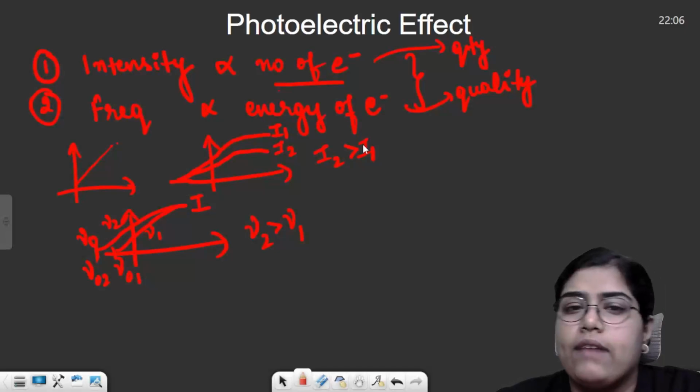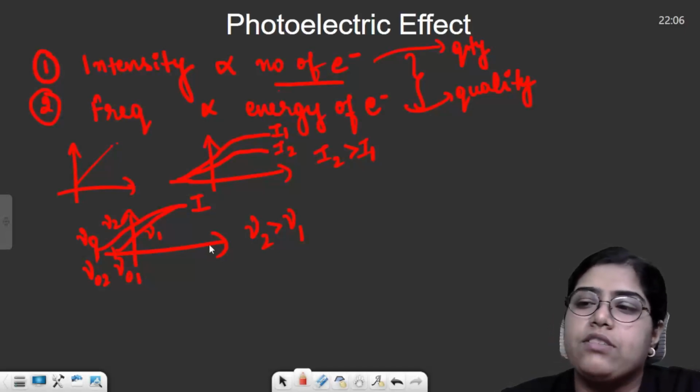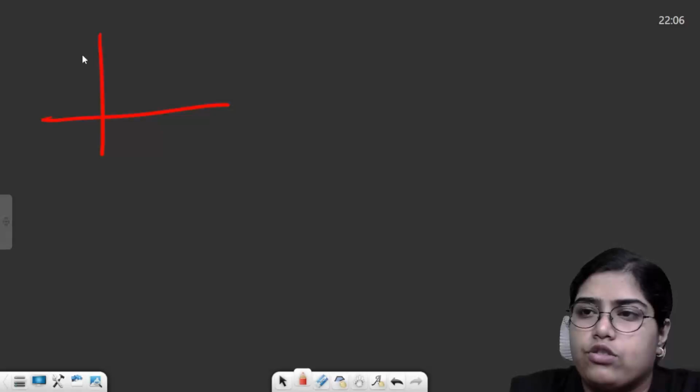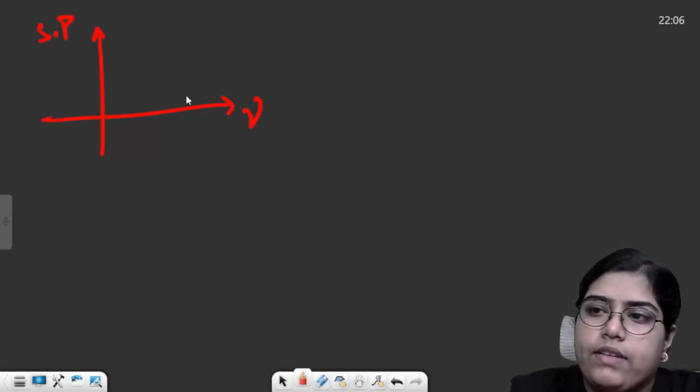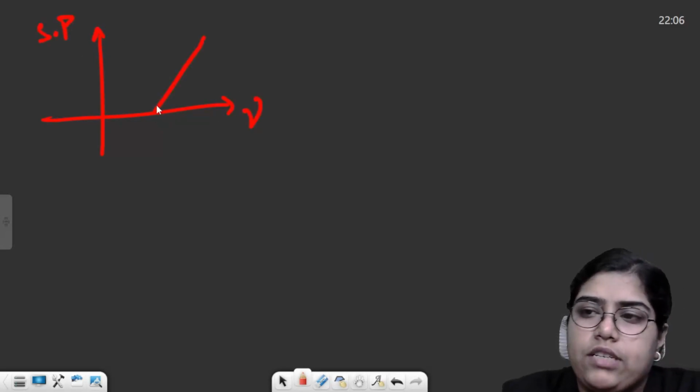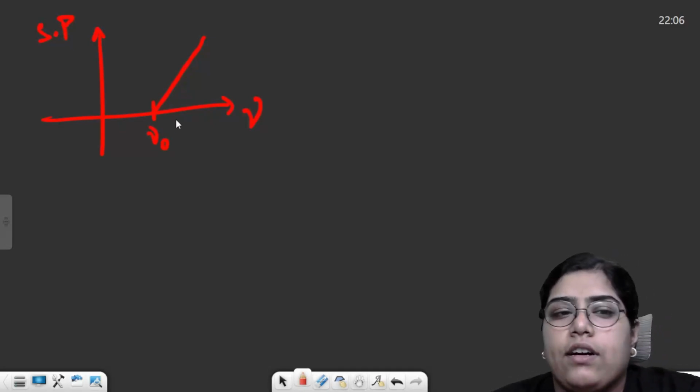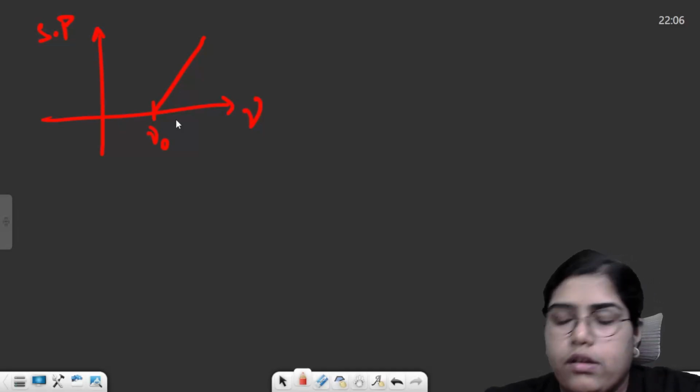These were the two graphs, and the third graph was a simple straight line graph for stopping potential versus the frequency of radiation. It started from your threshold frequency. Along with these three graphs, we also studied the four laws of photoelectric effect.